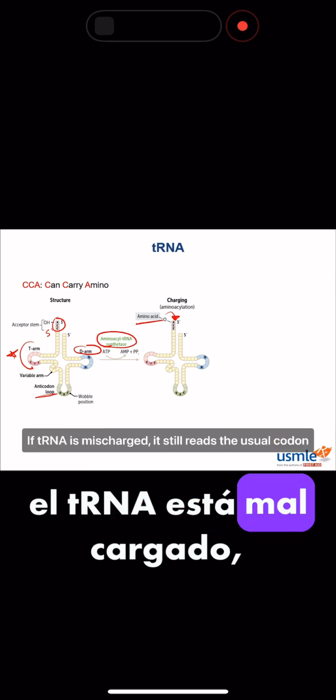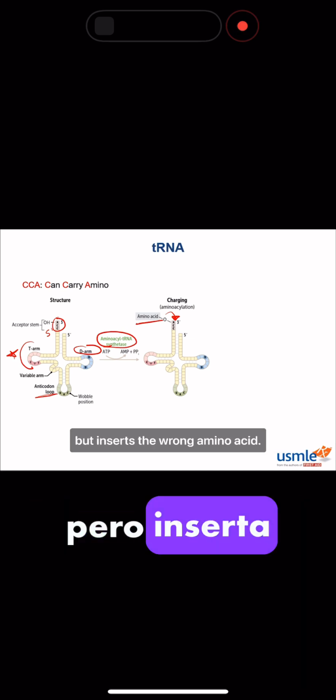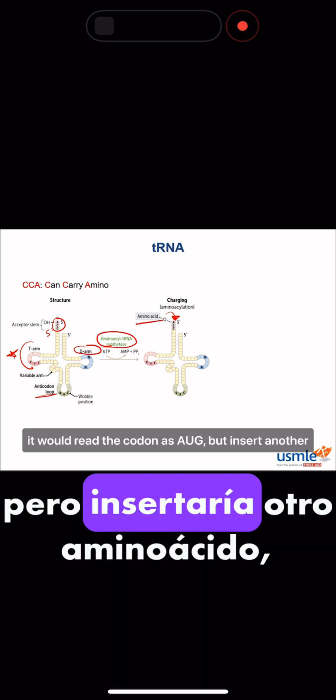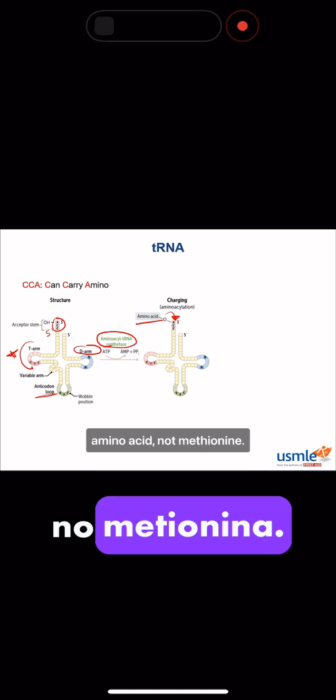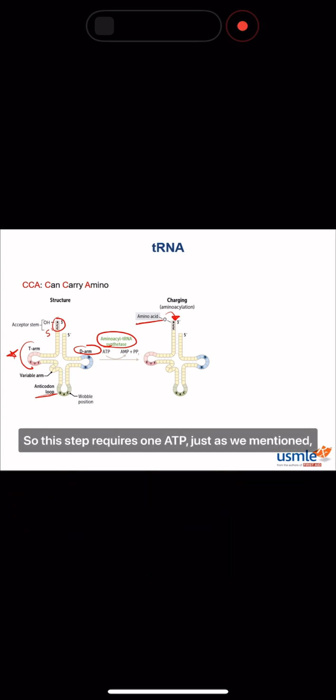If a tRNA is mischarged, it still reads the usual codon, but inserts the wrong amino acid. For example, in this case, if the tRNA was mischarged, it would read the codon as AUG, but insert another amino acid, not methionine. So this step requires 1 ATP, just as we mentioned.